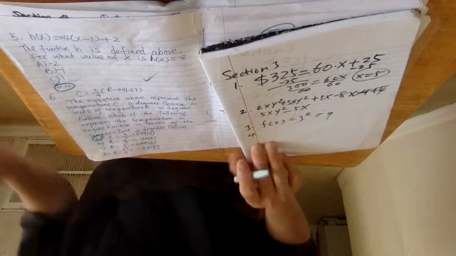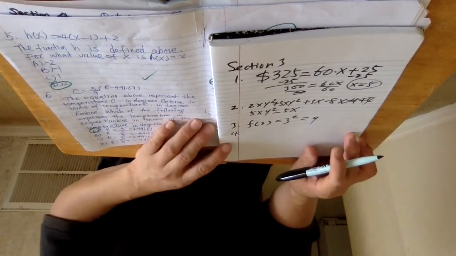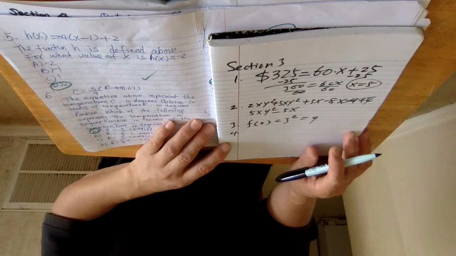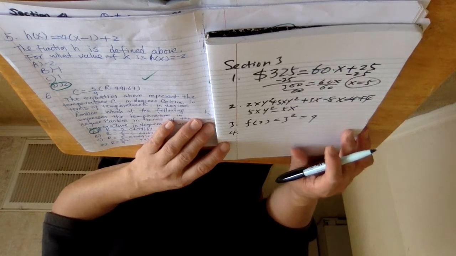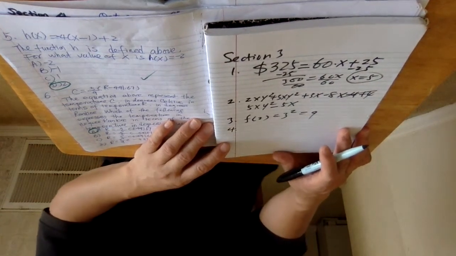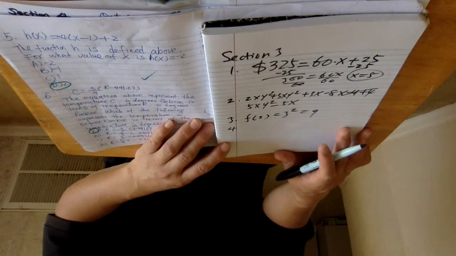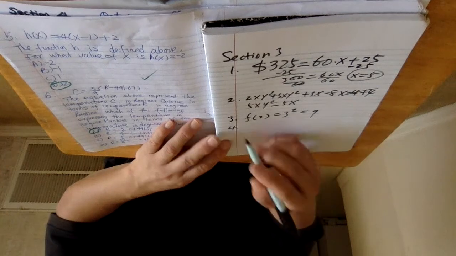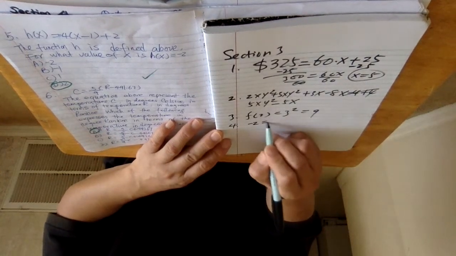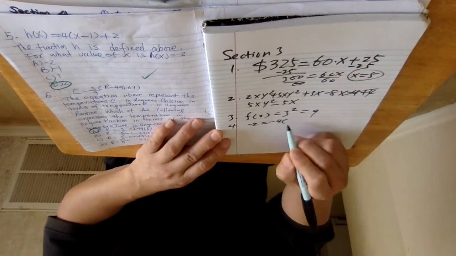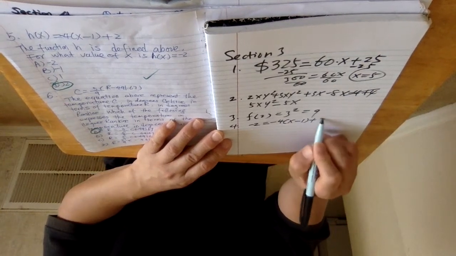Number 5. h(x) equals negative 4 times (x minus 1) plus 2. The function h is defined above. For what value of x is h(x) equals negative 2? So we have negative 2 equals negative 4(x minus 1) plus 2.